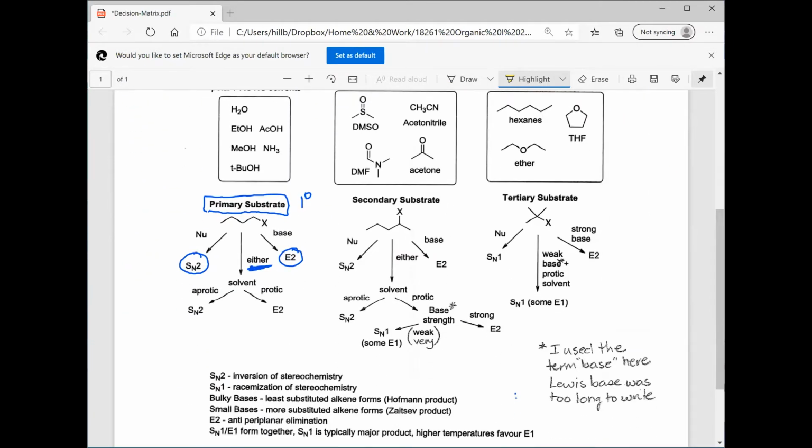Then what we look at is the solvent. Is the solvent protic or is the solvent aprotic? Aprotic solvents favor SN2 reactions. Protic solvents are going to really slow down the rate of an SN2, and it's going to allow the E2 to be favored.